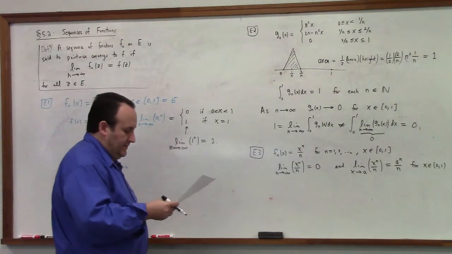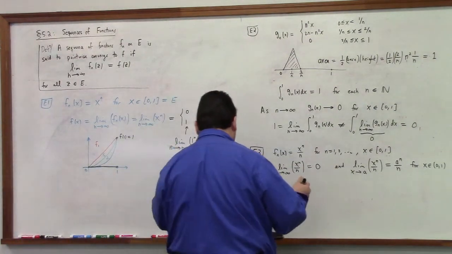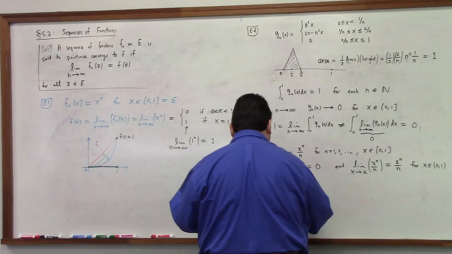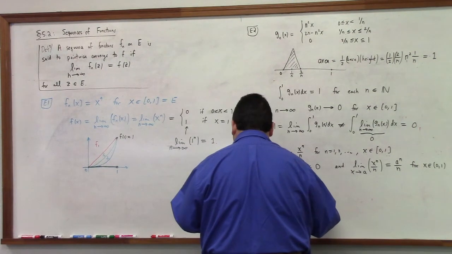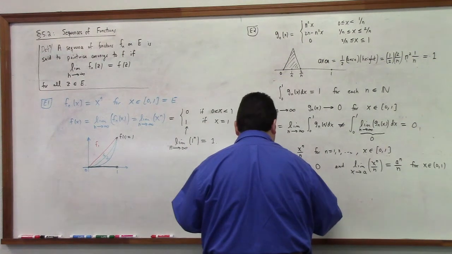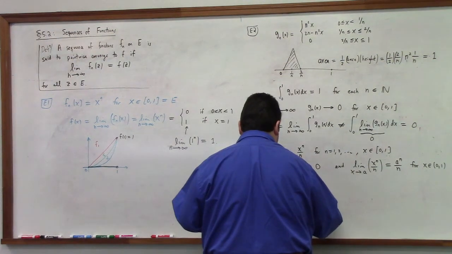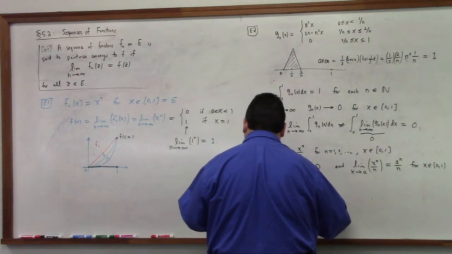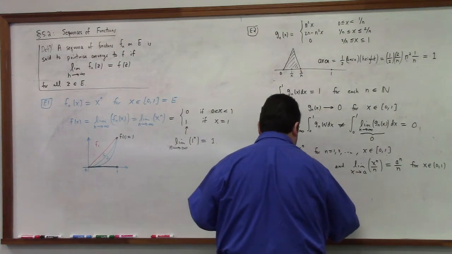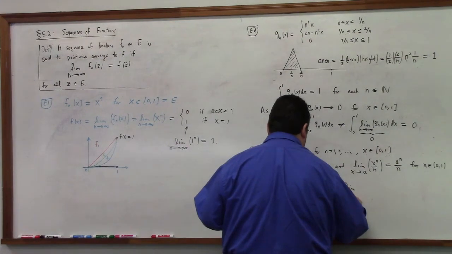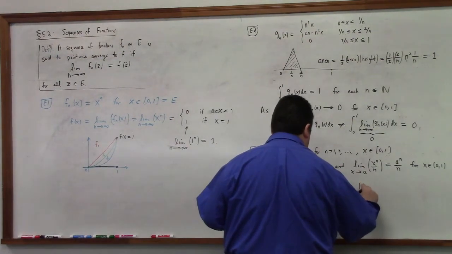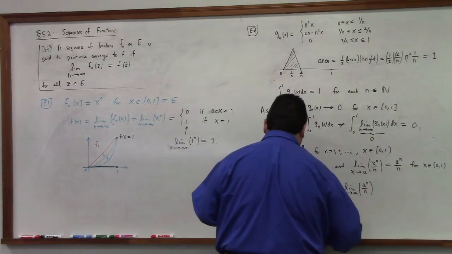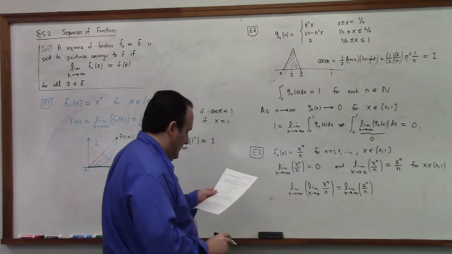So we have the limit as n goes to infinity of the limit as x goes to a of x to the n over n, which is equal to the limit as n goes to infinity of a to the n over n, which is equal to 0.